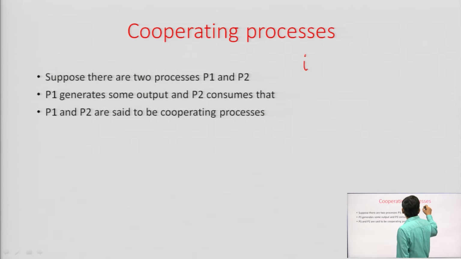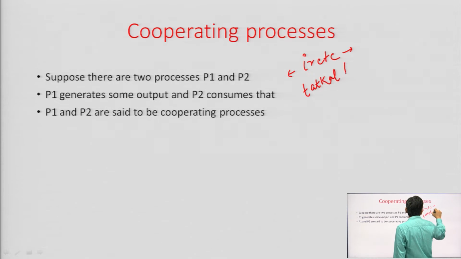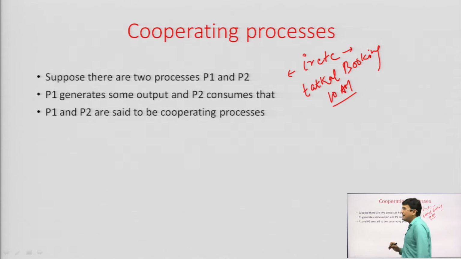Let us say IRCTC opens its vacant seats for Tatkal booking at 10 a.m. Then there are several people who are trying to book the ticket. There are thousands of people, let us say 1000 people are trying to book the ticket and the number of seats available is 50.